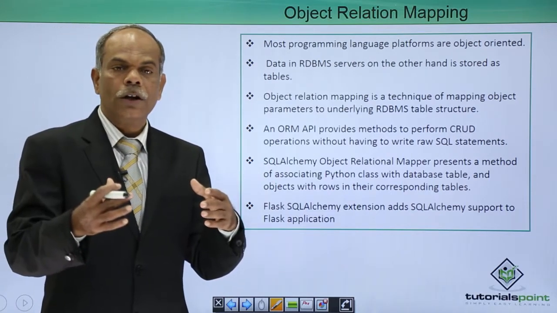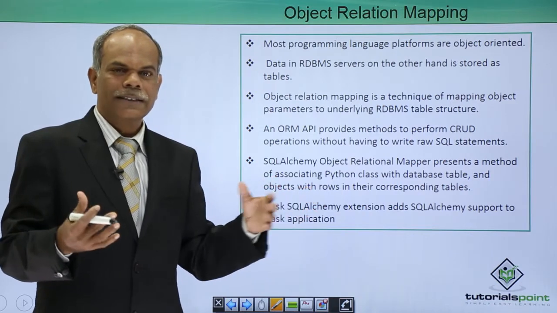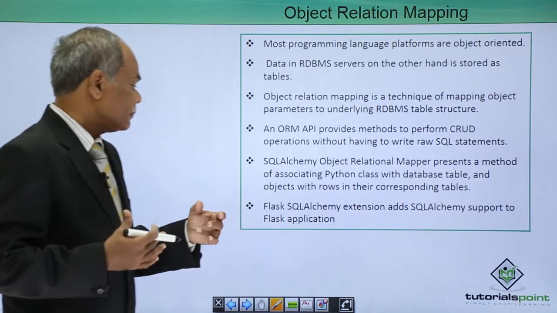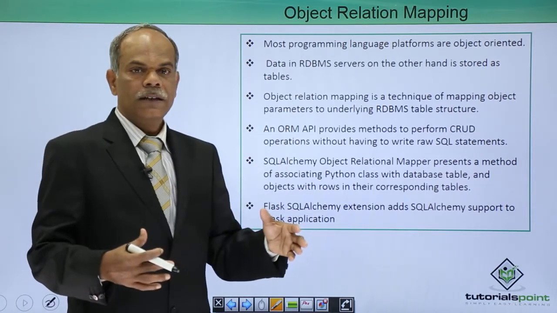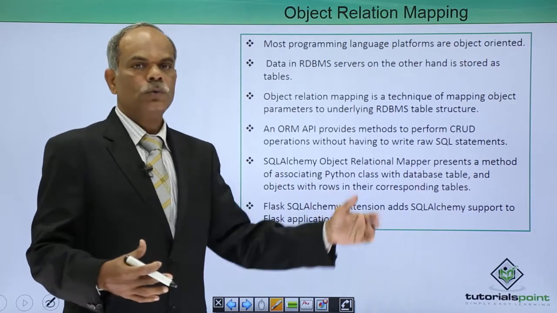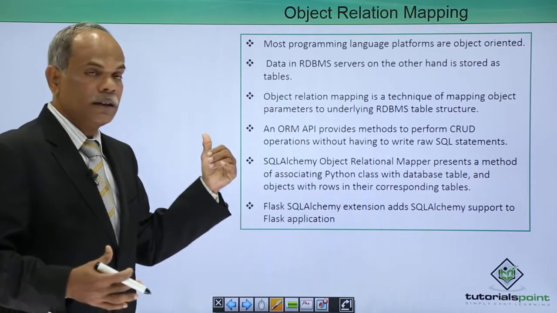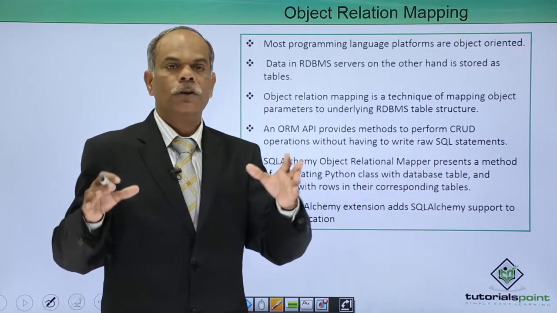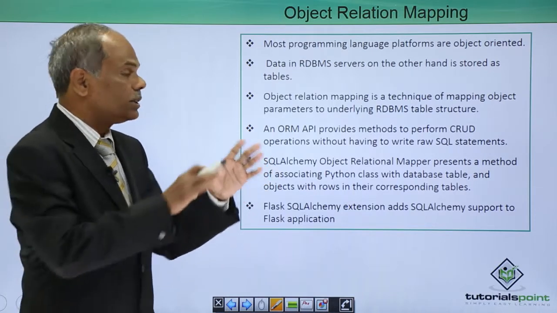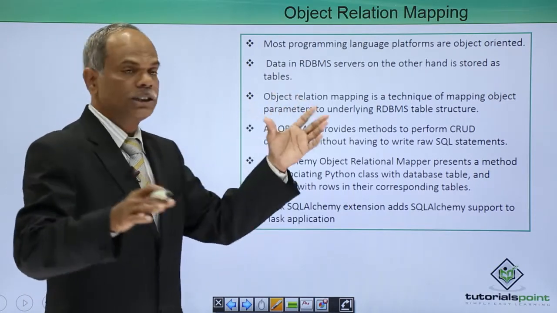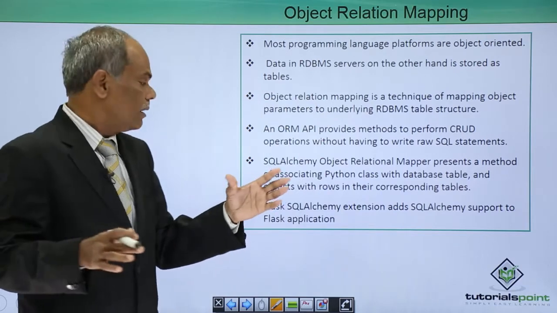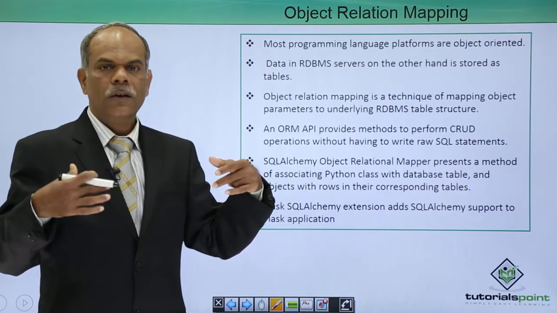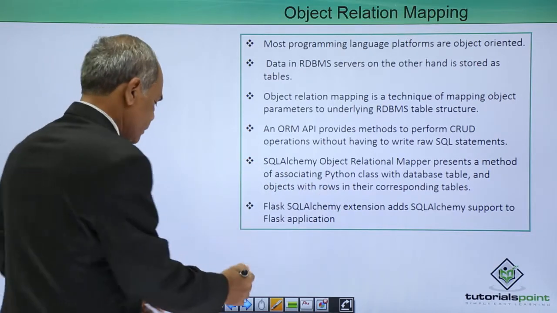SQL Alchemy can be used along with different database servers, like Oracle, MySQL, SQLite, etc. Flask-SQLAlchemy is an extension that you can add to the Flask environment, which adds SQL Alchemy support to your Flask application. So this is what object relation mapping is, and the use of Flask-SQLAlchemy will enable ORM in your Flask application.